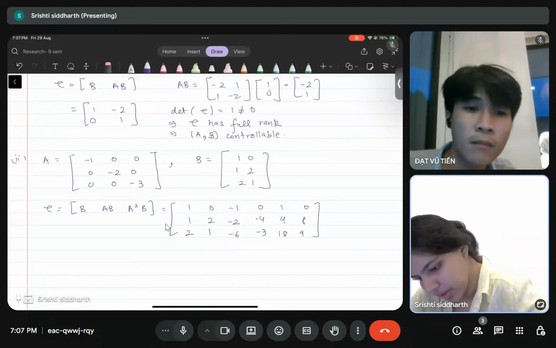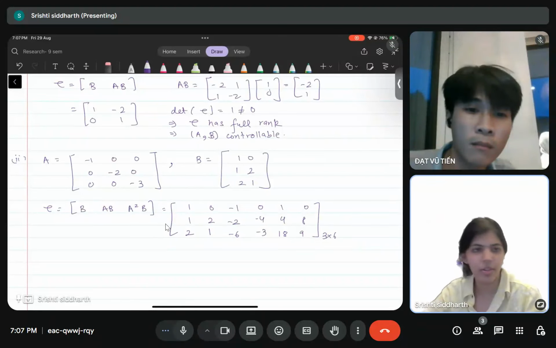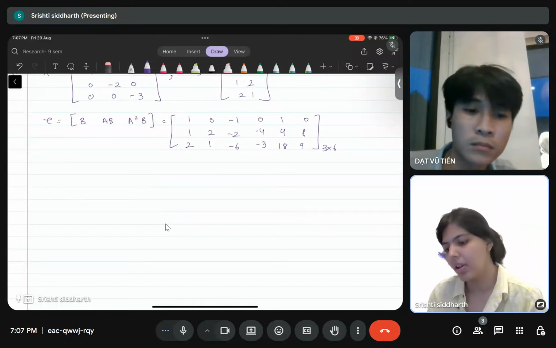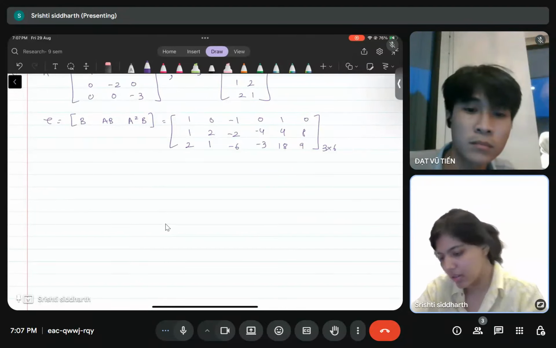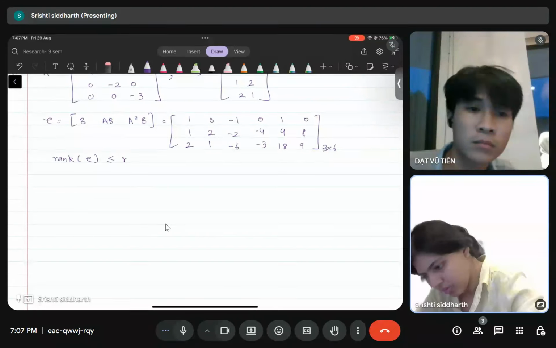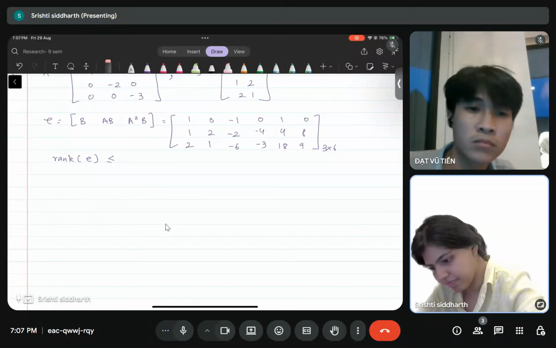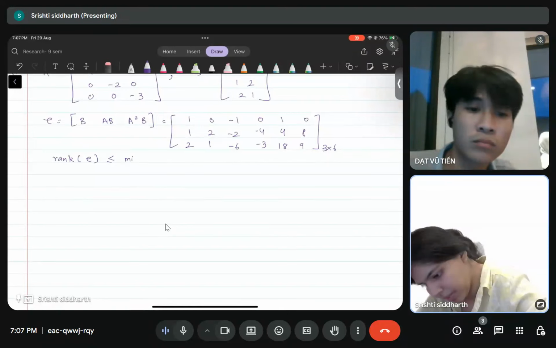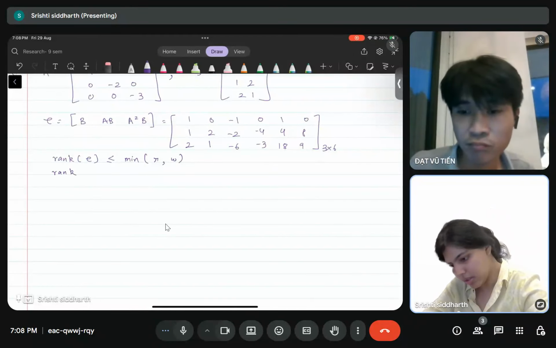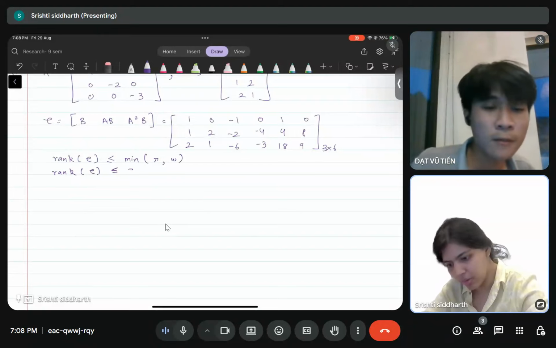Okay, so now this is 3 by 6. This is not a square matrix, so you cannot calculate the determinant. So the rank of C is going to be less than or equal to the minimum value of number of rows or columns, right? So this is going to be less than or equal to 3.